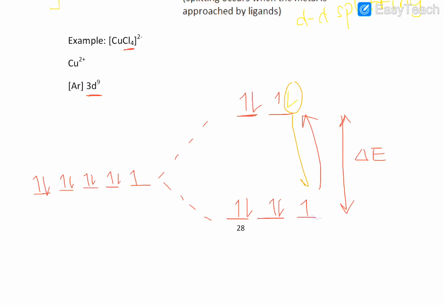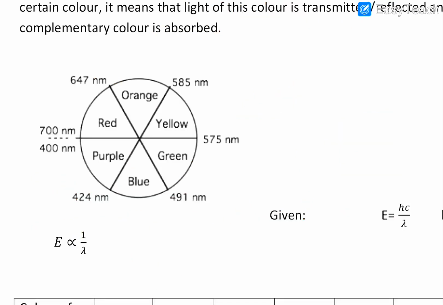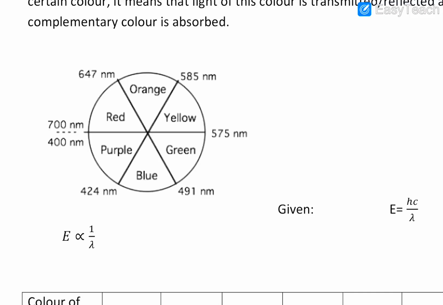As it's falling back, it's going to release light of a specific wavelength, and as it releases light, it's going to cause this to be colored. So CuCl4 2-, this is of a yellow color, and if something is of a specific color, it means that yellow color is being reflected. So it means that CuCl4 2- is reflecting the yellow color. This is why it's yellow.